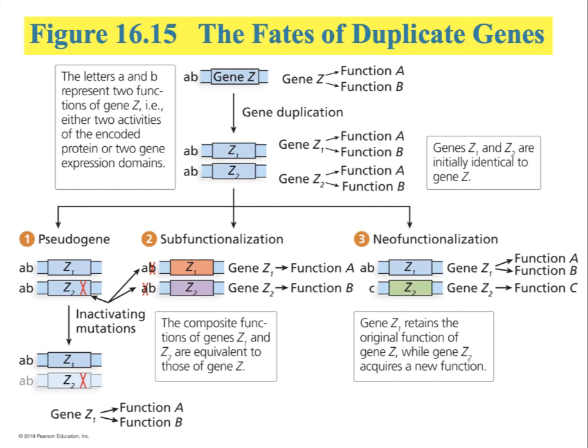Figure 6.15 tries to relay the fates of these duplicated genes across these three probable outcomes. Please make sure that you fully understand the meaning behind the gene and its biochemical function.